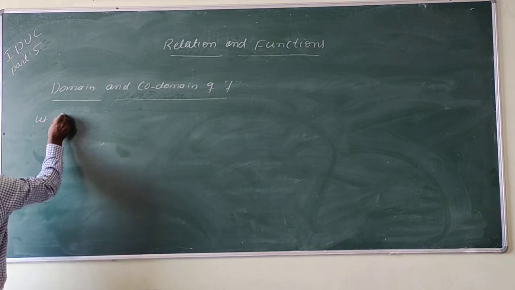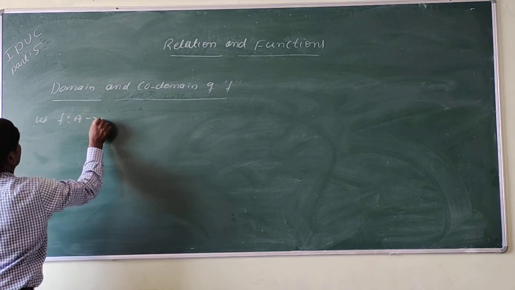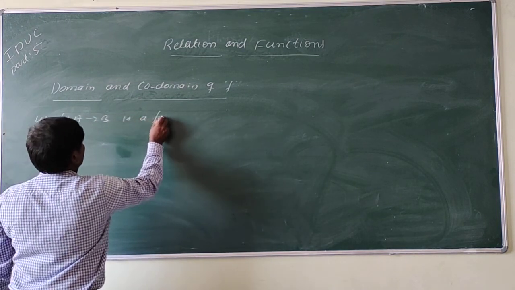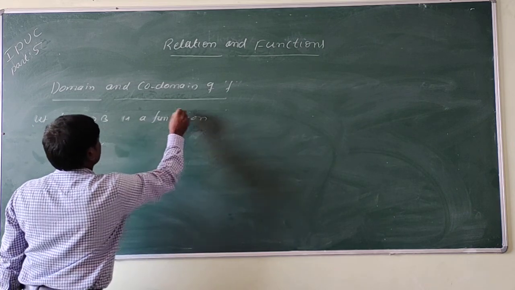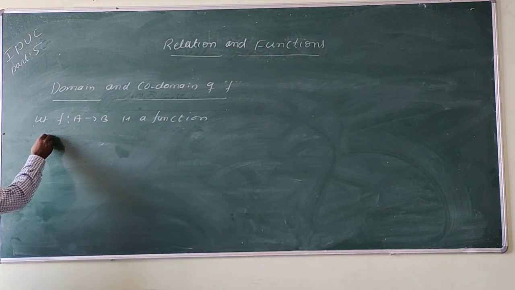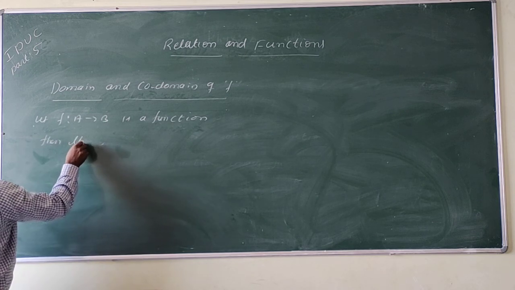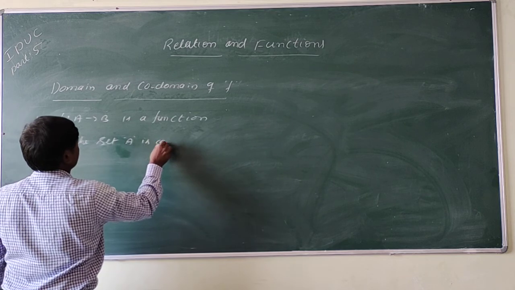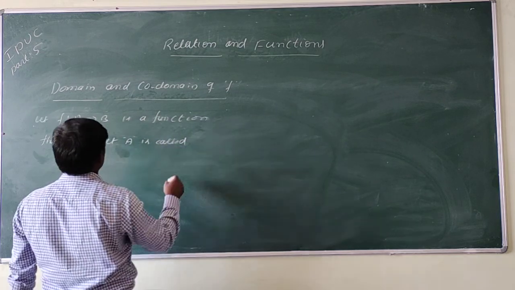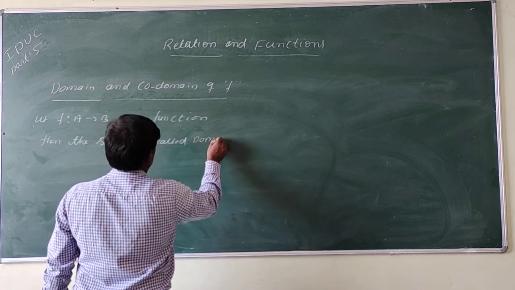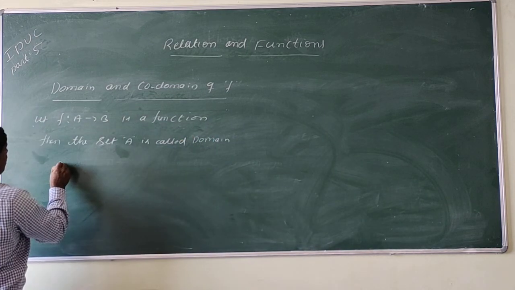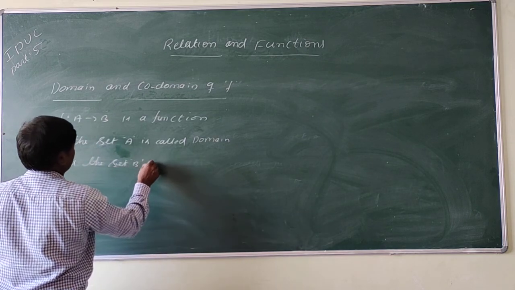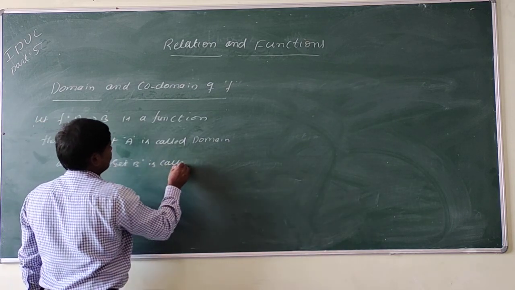So then F is mapping from A to B is a function. Then the set A is called the domain, and the set B is called the codomain.